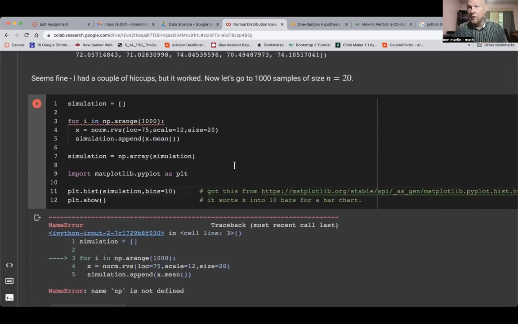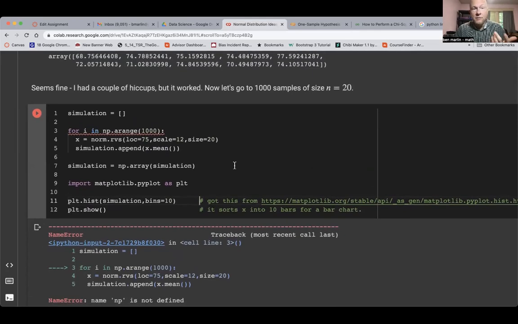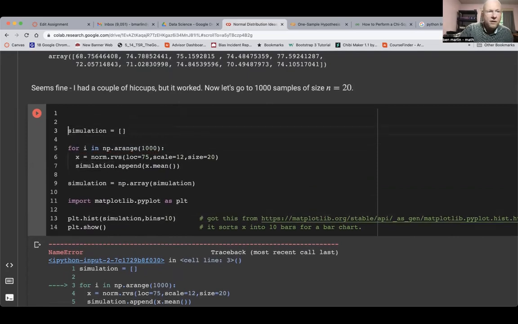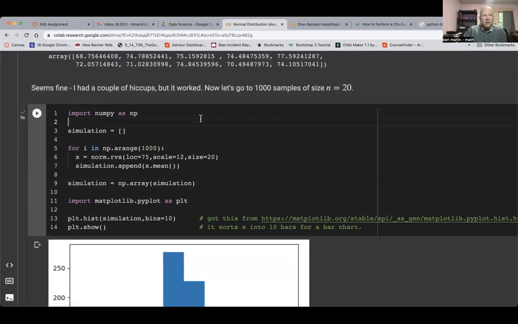By the way, this is an important lesson for y'all. If you have something that you need to use and you might need to do it out of order, then you need to put the import statement in every cell. Let me try that again and see whether it does it better.